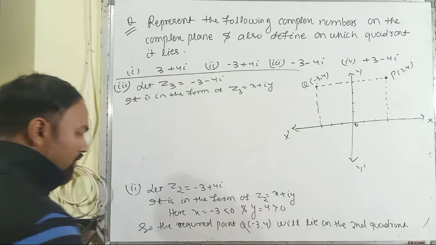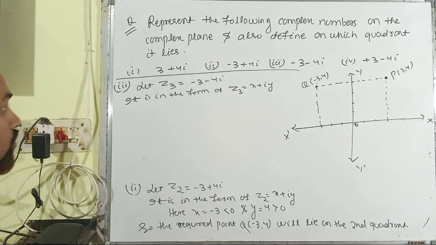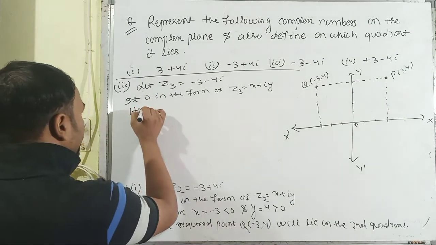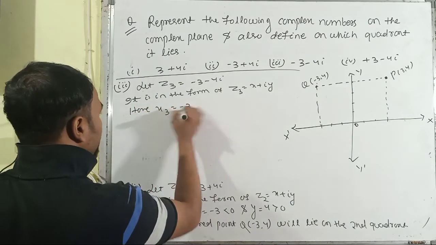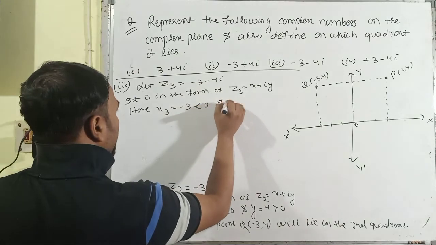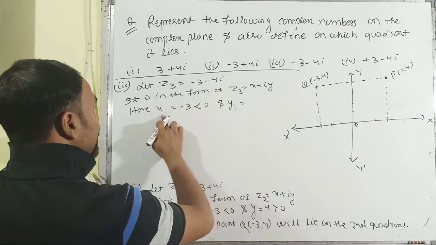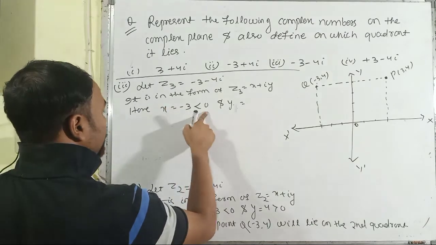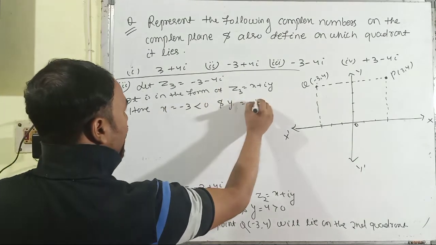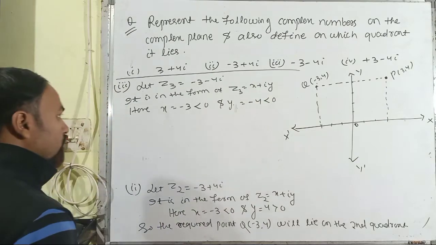Here x is equal to minus 3 less than 0, y is equal to minus 4 less than 0.